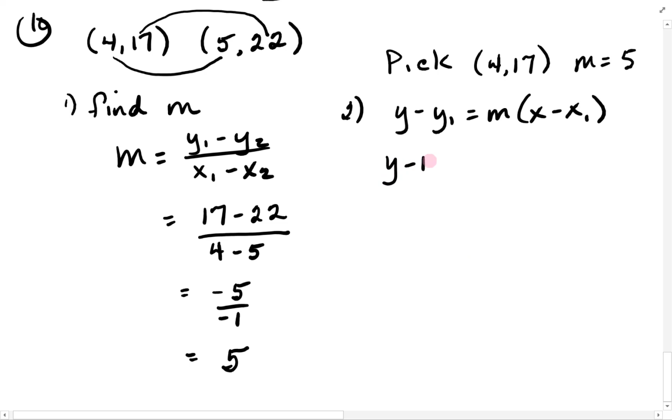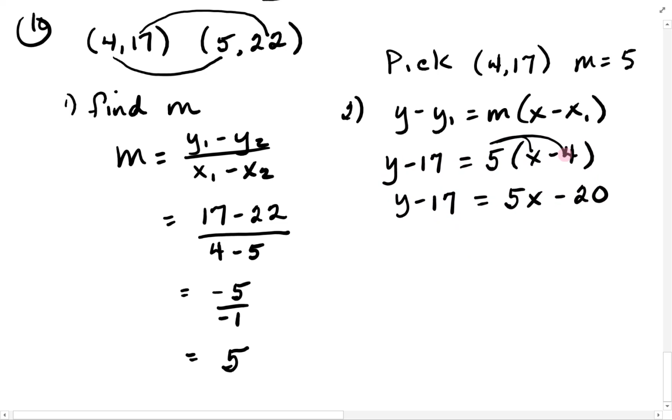So it's y minus 17 is equal to 5 times x minus 4. That's y minus 17 is equal to 5x minus 20. I just use the distributive property. I add 17 to both sides, and I get y is equal to 5x minus 3. And that's what I will type in. That's the equation of my line.